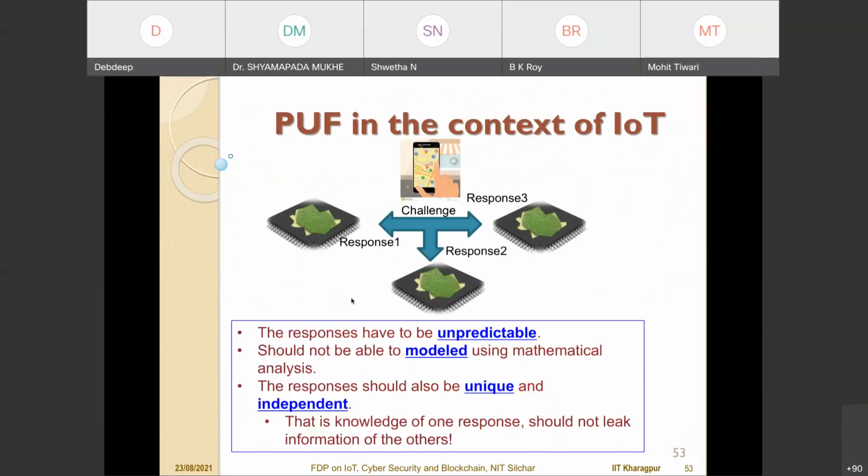Simply put, you can think of a PUF as a holy grail device. It works as a fingerprint of the electronic circuit.